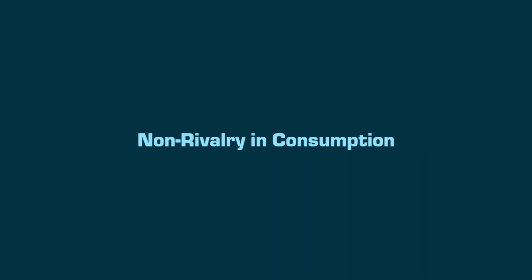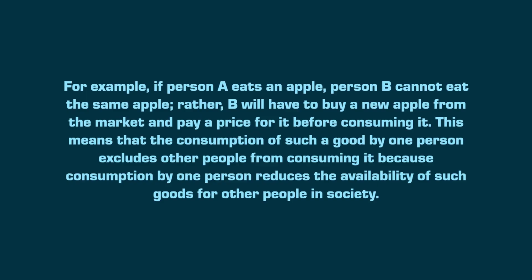Let's first discuss the non-rivalry in consumption. To understand the concept of non-rivalry, it is important to develop knowledge about the concept of rival goods. A rival good is what? It is defined as a good which, when consumed by one person, cannot be consumed by another. For example, if person A eats an apple, person B cannot eat the same apple.